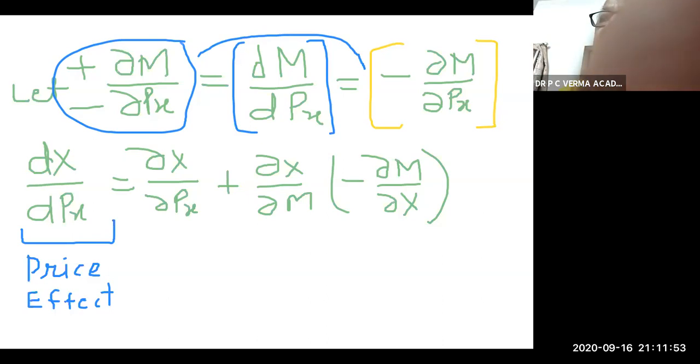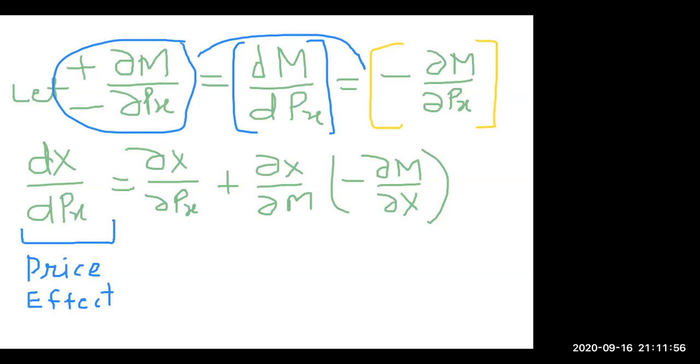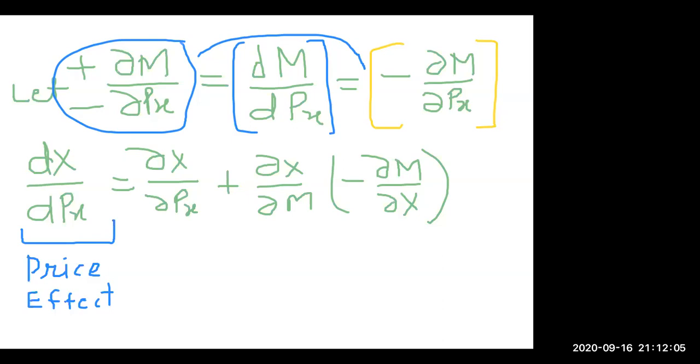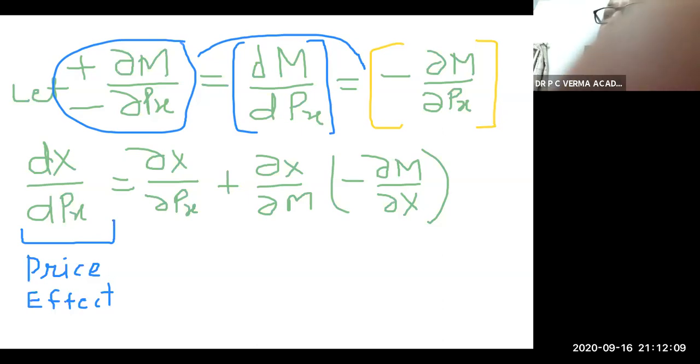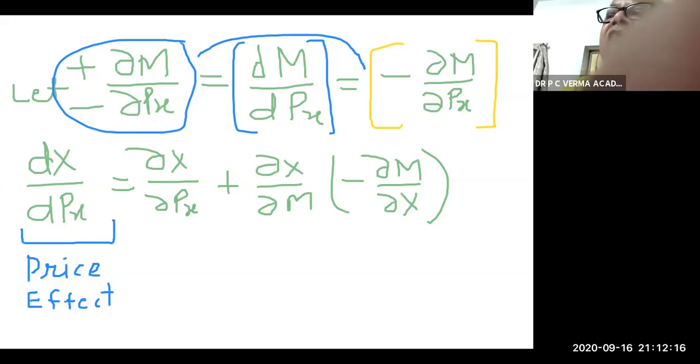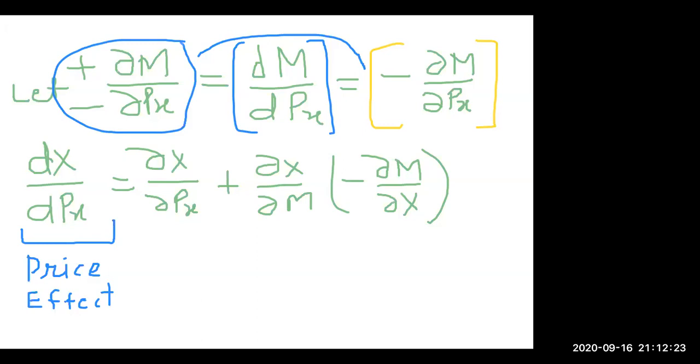So dm by dpx may be written as this or as this on the conceptual background of economics, that a fall in price leads to an increase in real income, and that real income increase can be converted into an increase in money income in terms of commodity. Then a fall in the price of X will lead to a rise in income, but plus minus will finally be written as minus.